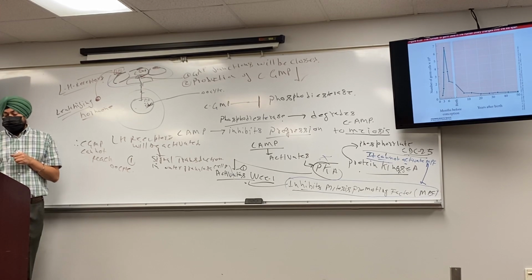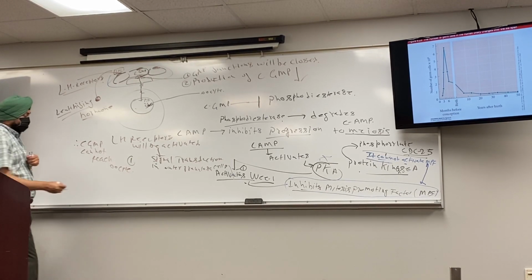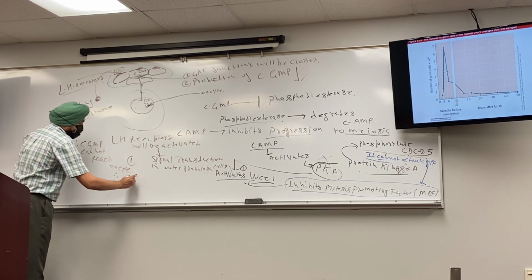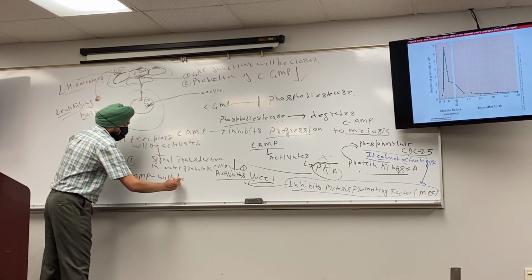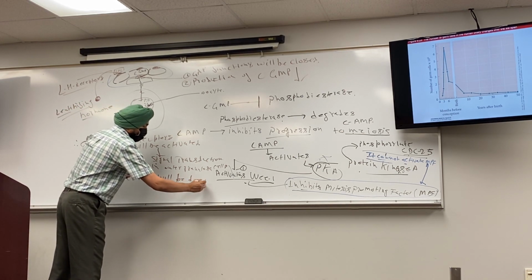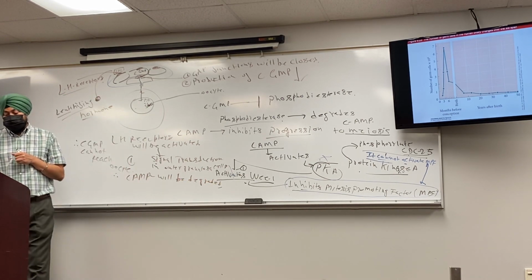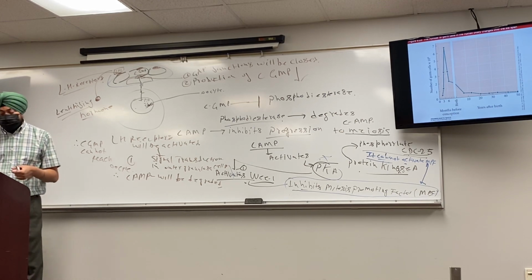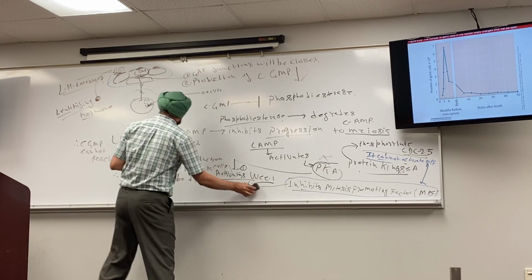Okay? So if cGMP cannot reach the oocyte, what is going to happen? Therefore, cyclic AMP will be degraded. That is making sense? So now if the cyclic AMP is degraded, then what is going to happen?